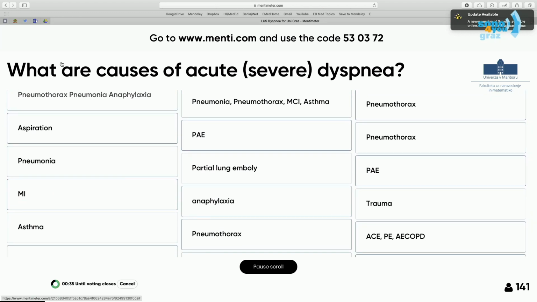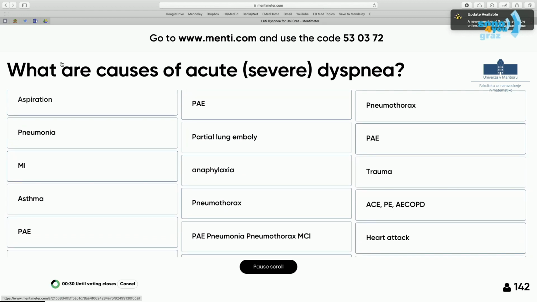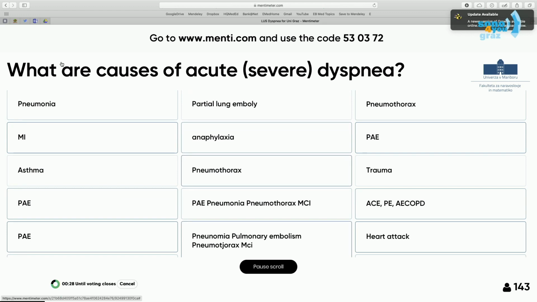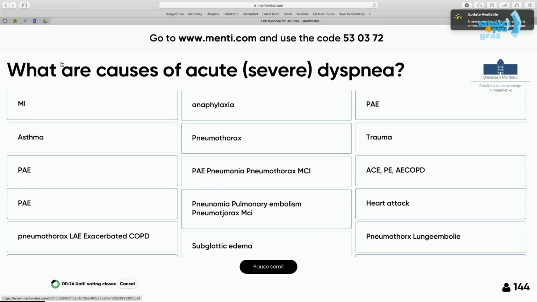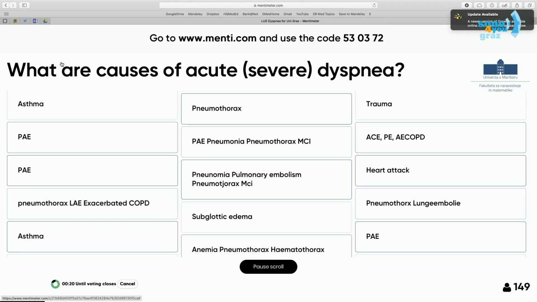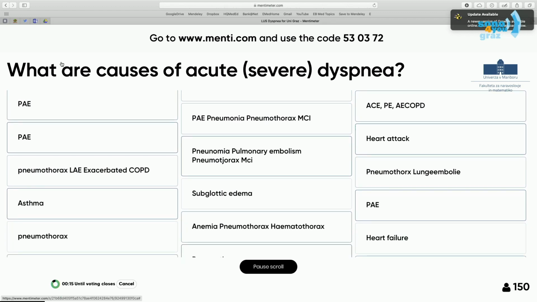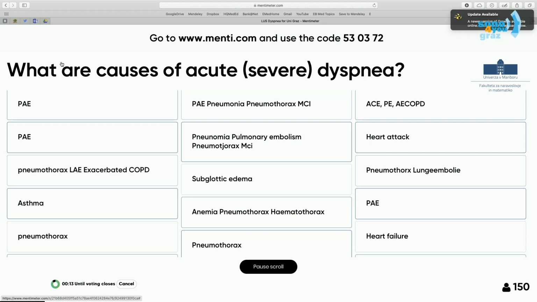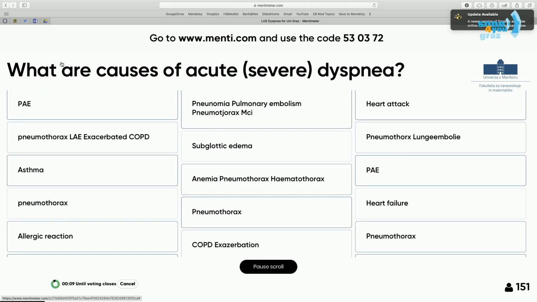You know what? This is all the causes that I know, really. You taught me even some more. So, yeah, that's very good. I agree. All of the causes up here are legitimate causes of dyspnea. Subglottic edema, sure. Anemia, true. Allergic reaction, very good.